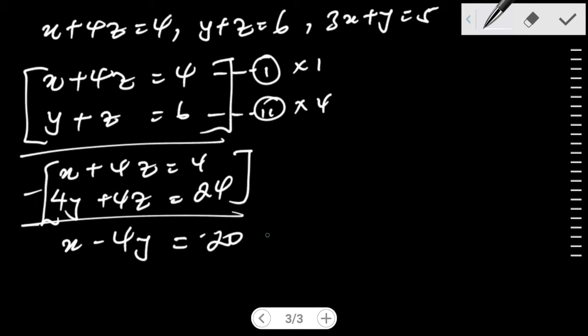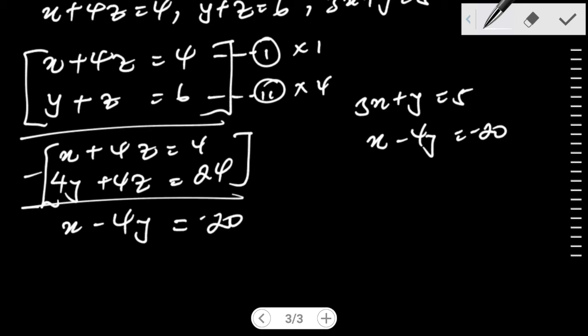So this is another equation that I formed. I relate this equation with the other one: 3x plus y gives me 5, and at the same time I have x minus 4y equals negative 20.